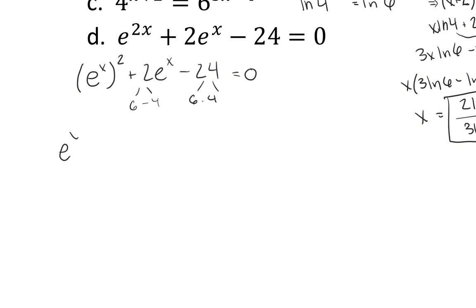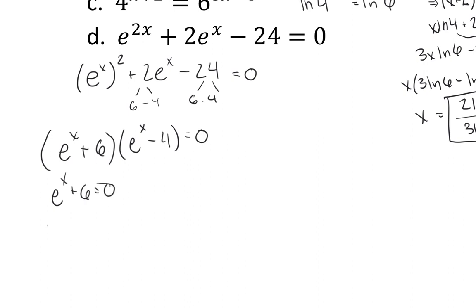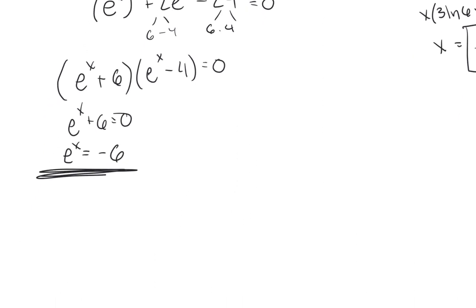So we have e to the x plus 6 times e to the x minus 4 equals 0. So we have e to the x plus 6 equals 0. Move that over, e to the x equals negative 6. This will never happen. So there's no solution for that one.